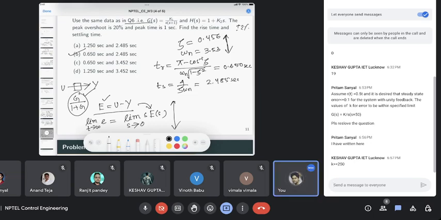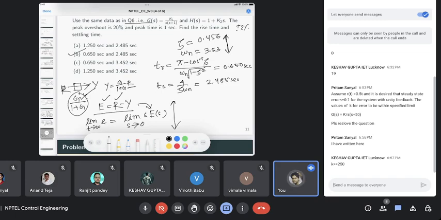I cannot hear you. Okay, for this input, the only thing that will be different is the input. I'm writing it as r. Your input is r, so you have the transfer function, then y equals this transfer function times this input r.